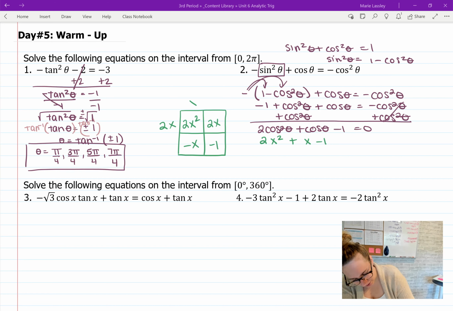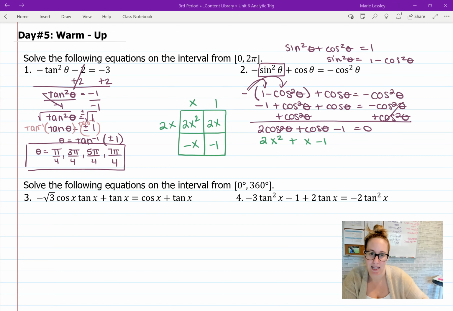All right, so with the cosines put back in, this becomes cosine theta plus 1 and 2 cosine theta minus 1 equals 0. Now, just like any other solving that we've done, you're going to take each one of those parentheses and set it equal to 0, and then we're going to solve for theta.